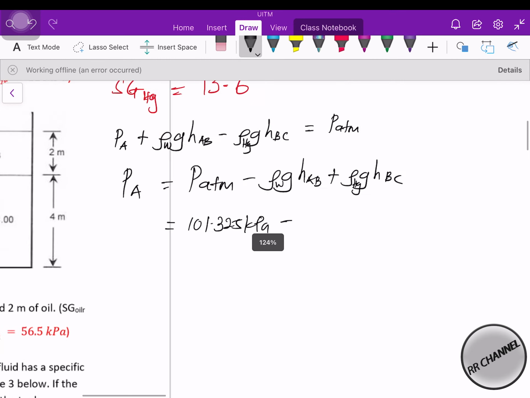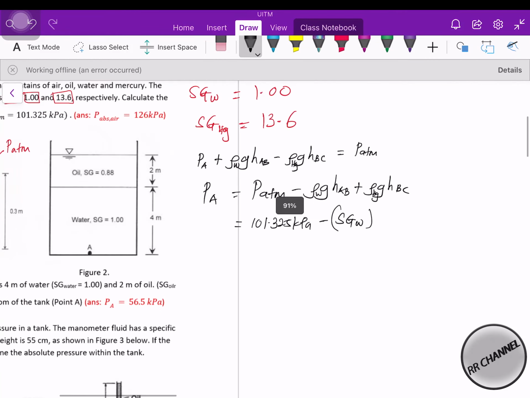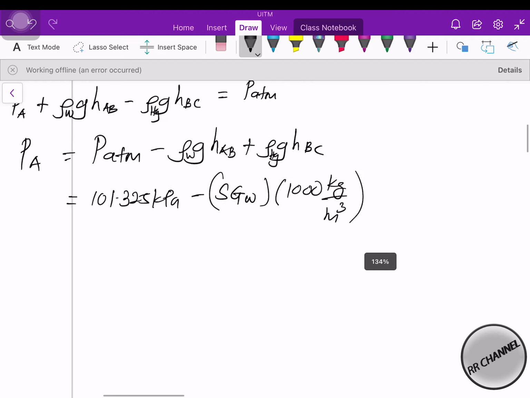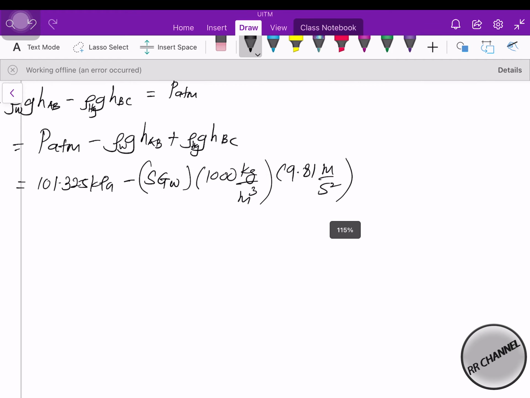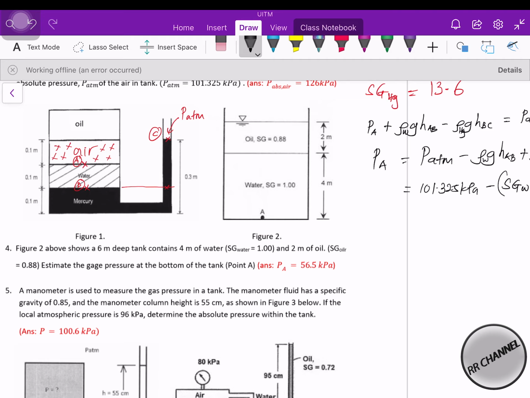So you can use Sg water, and then you multiply with 1000, so that is your density of the water. And then multiply with g, 9.81. Your h AB from point A to point B is equal to 0.1 meter.